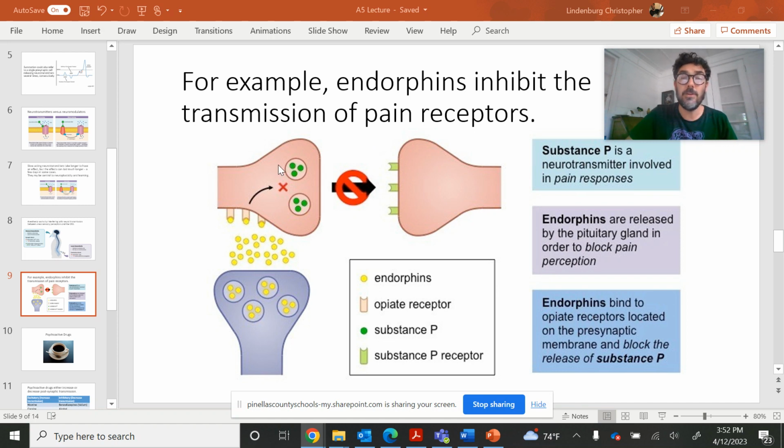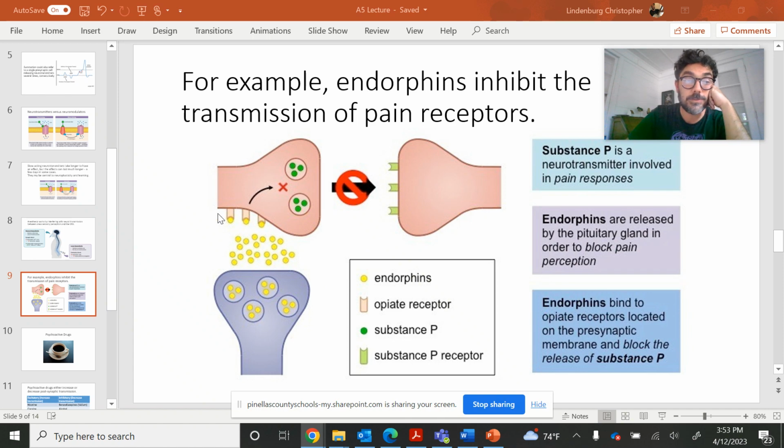Normally a signal is sent from one nerve to another. There'll be a synapse from one nerve to another, and this synapse will use a neurotransmitter that's involved in pain reception. So this is a chain reaction of neurons in the pain response, right? If you want to stop feeling that pain, you need to block that transmission. Endorphins are naturally occurring chemicals in the body that shut that down.